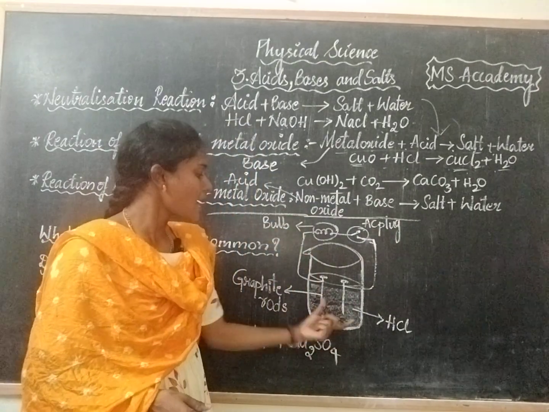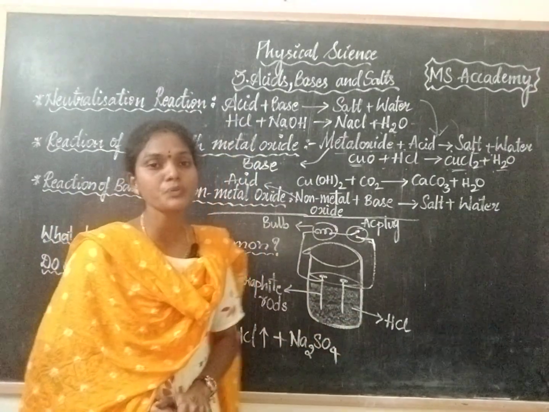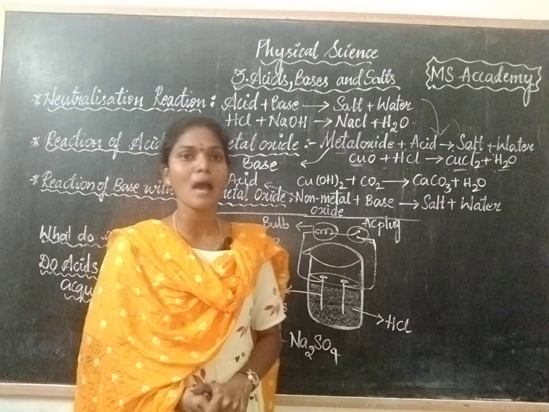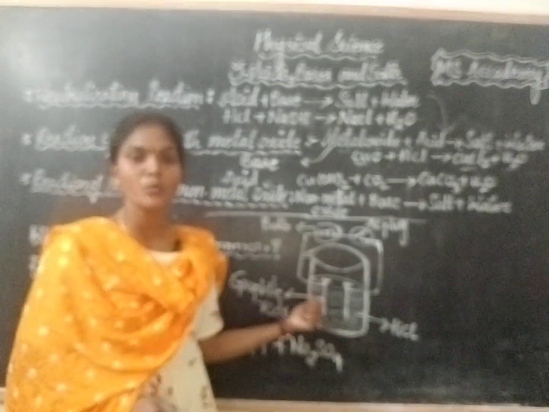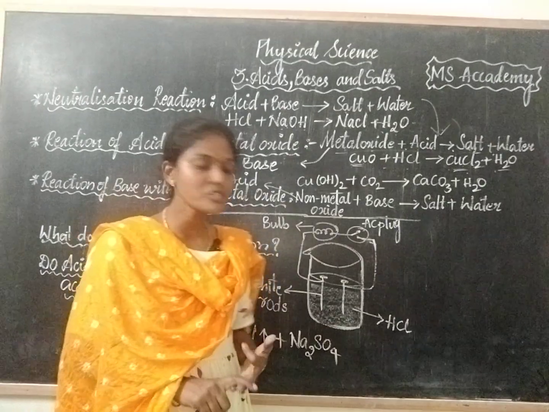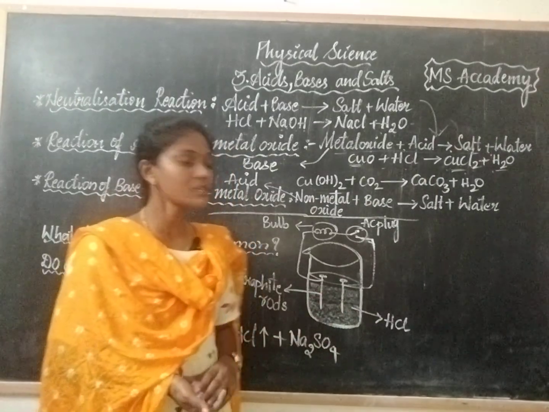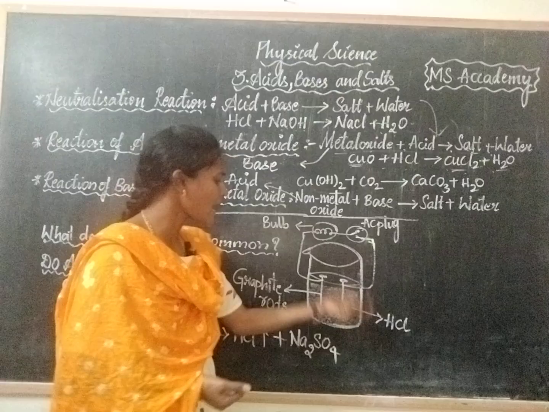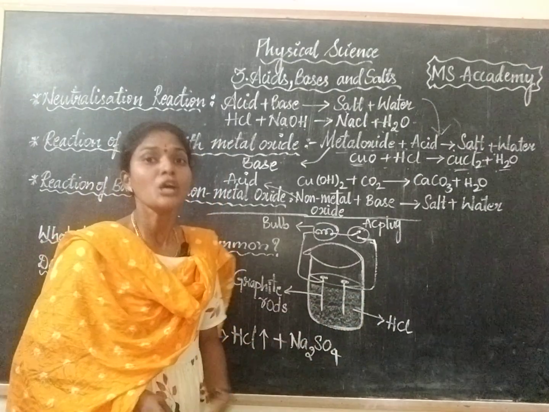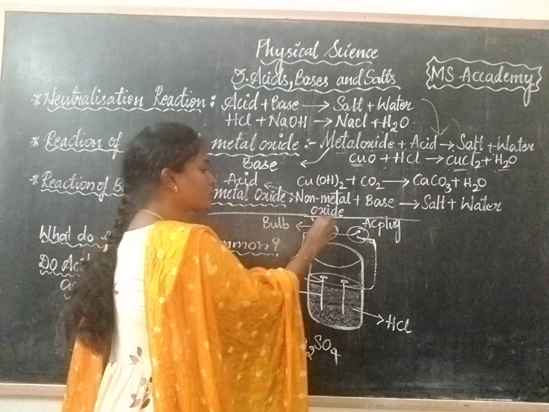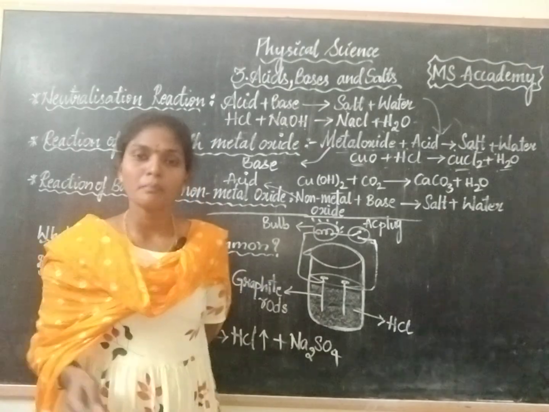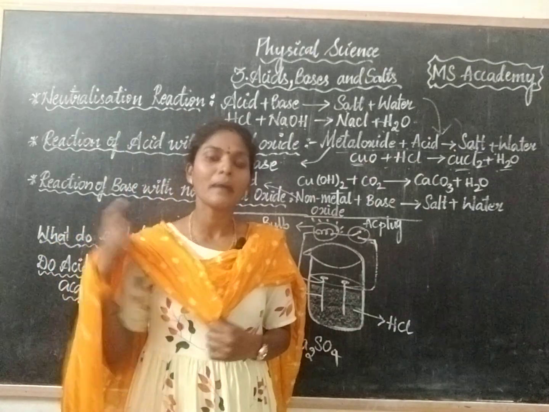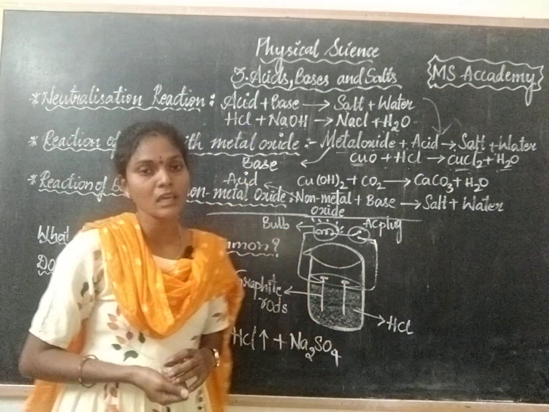Now here I have taken the chemicals. What chemicals are we taking? HCl. What apparatus are we taking? Connecting wires, a bulb, a switch and graphite rods. Now when I add HCl into this beaker, you can observe the bulb glows. So the bulb is glowing, what can we say?